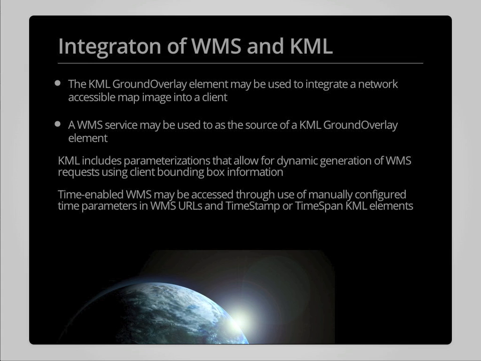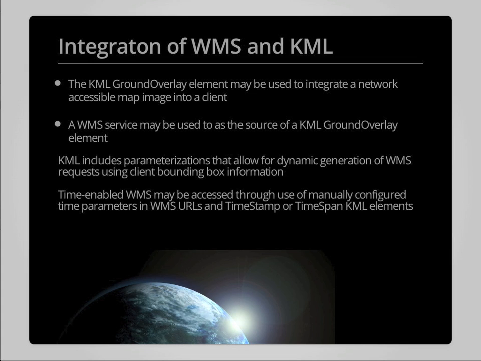Finally, we can bring our discussion about web map services and KML together as we talk about the ability within KML to use the ground overlay element to integrate network accessible images into a client that is reading that KML.